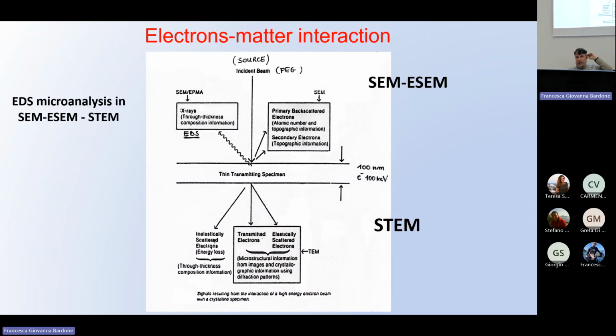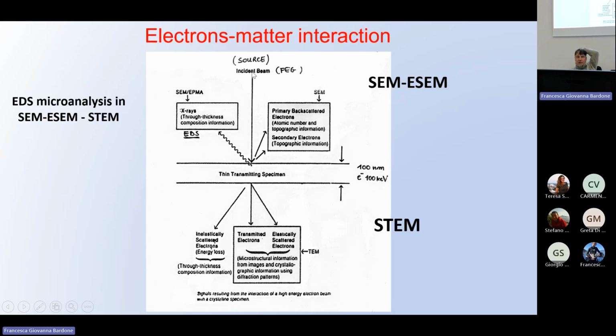Okay, so the next step is to start to introduce other types of microscopes. We started with the classical SEM, also for historical reasons, and now we face other types of information.